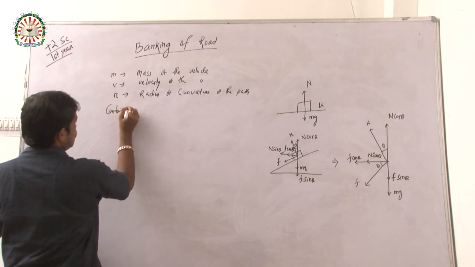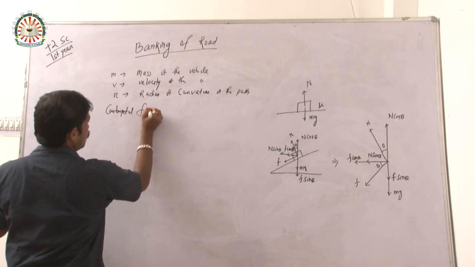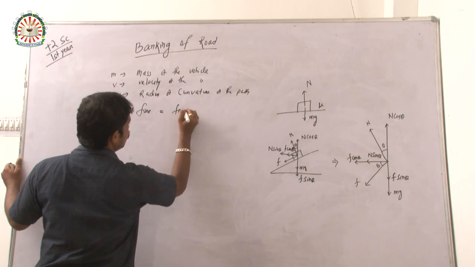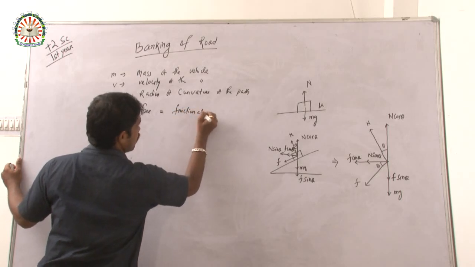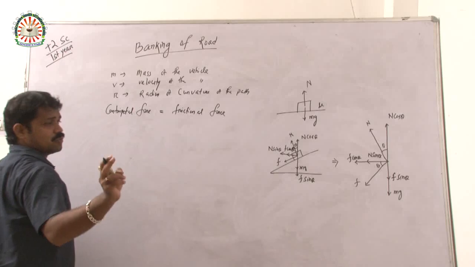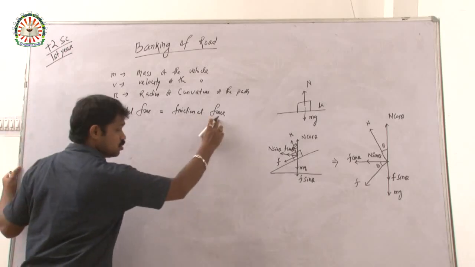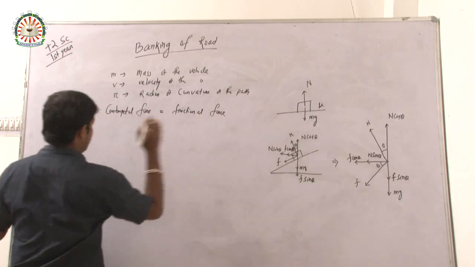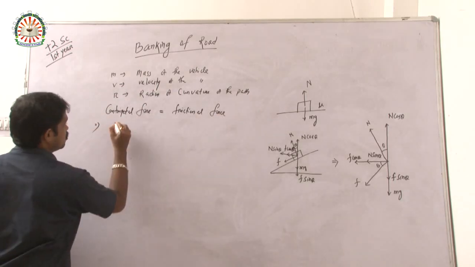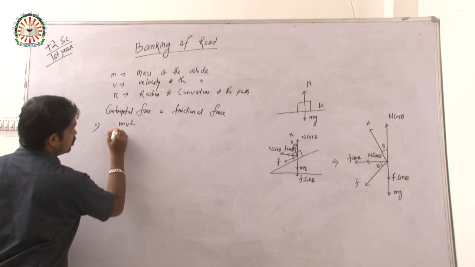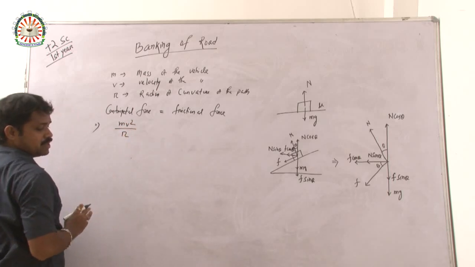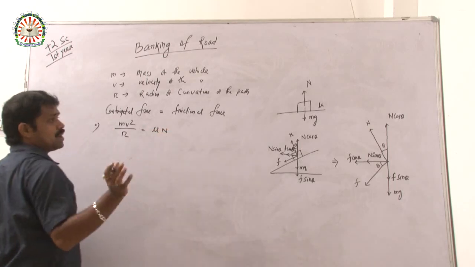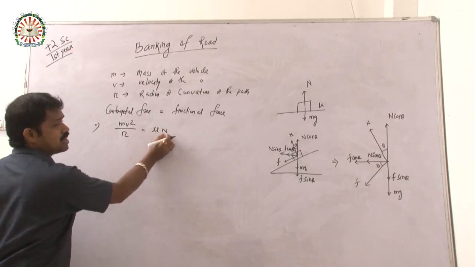So the centripetal force is equal to, or is given by, the frictional force between the tires of this vehicle and the road surface. We know that centripetal force is mv square by r, as I discussed in the previous class. So mv square by r is equal to mu into the normal reaction, where mu is the coefficient of friction and N is the normal reaction.